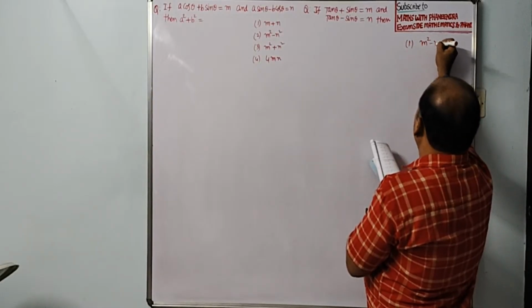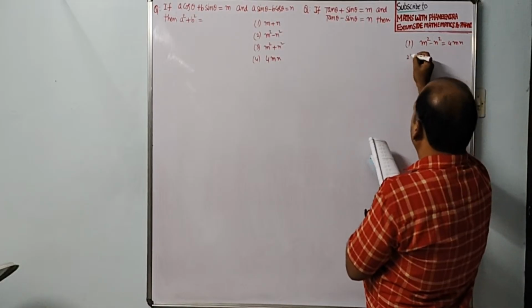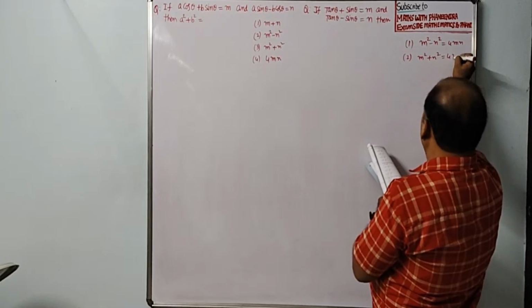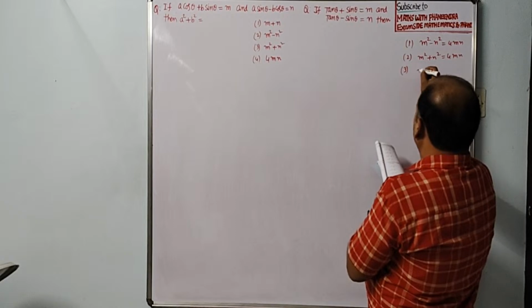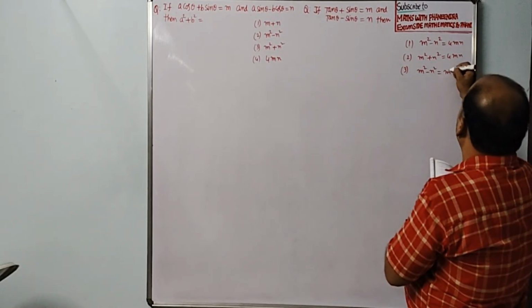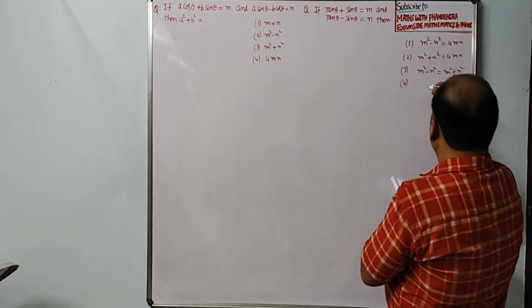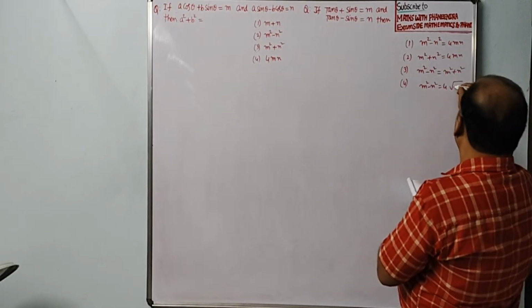First option, m square minus n square equal to 4mn. Second option, m square plus n square equal to 4mn. Third option, m square minus n square equal to n square plus n square. Fourth option, m square minus n square equal to 4 root m.